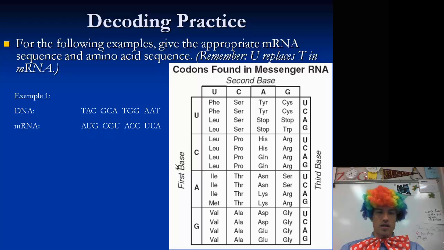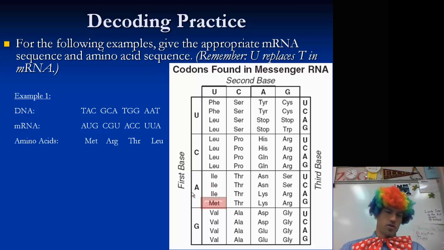So I've got AUG. So I start over here on the left with the first base. So it's an A. So I know it's here. Right? Then it's a U. So I know it's somewhere in this box. Right? This one and this one gives me this box right here. And then the third base is going to be a G. So it's AUG. So it's going to be right here, methionine, or MET, which is the shorthand.